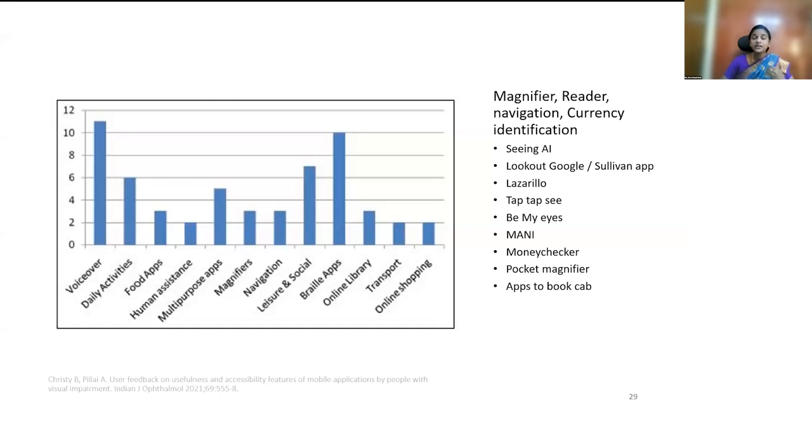Be My Eyes connects you with a sighted volunteer online so that you can get assistance. Money app is a currency identifier app. Again, Money Checker is also a currency identification app. And Pocket Magnifier, as the name suggests, is a magnifying app.